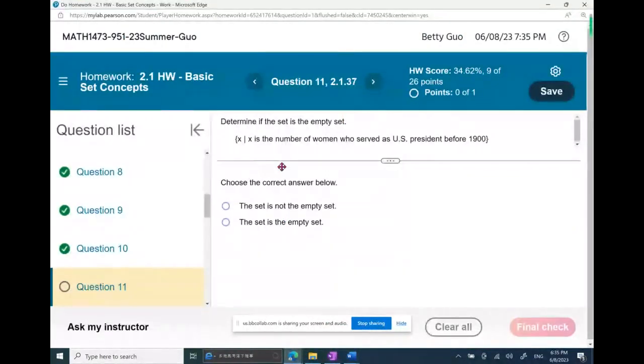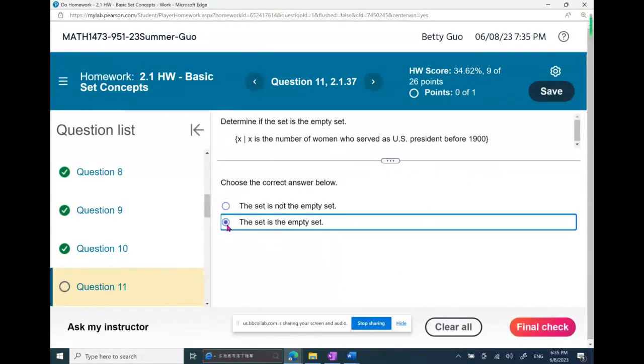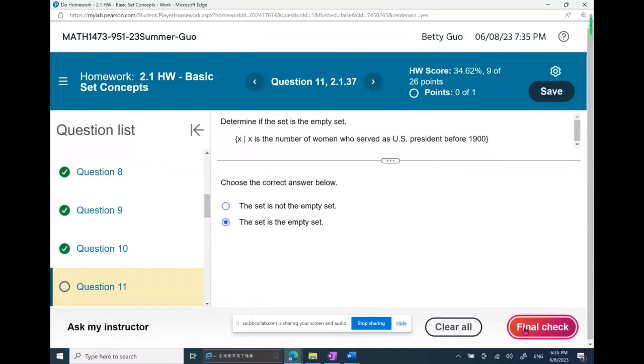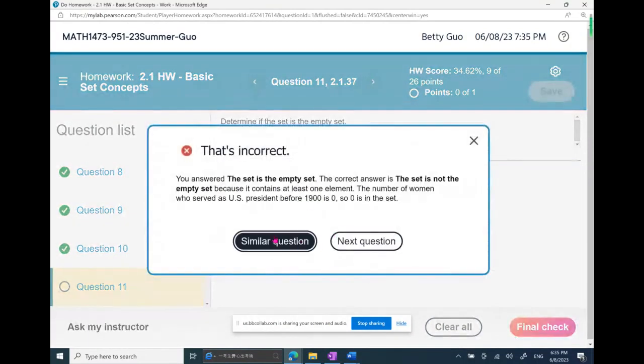So this one, X is the number of women who served as U.S. president before 1900. That is empty. Even now, it's still empty, right? Oops, what did I do?